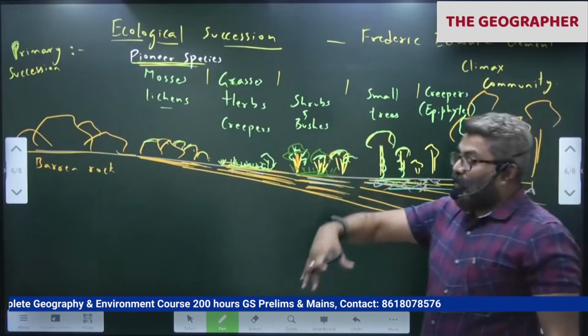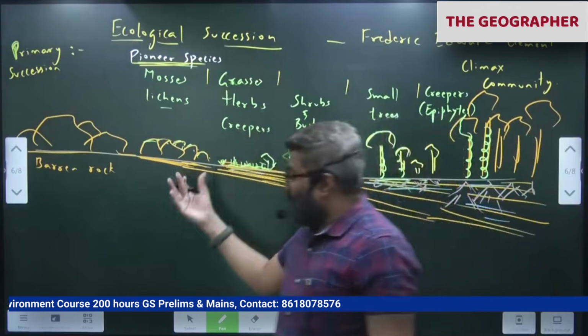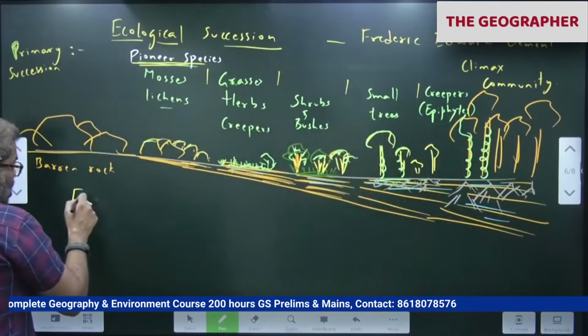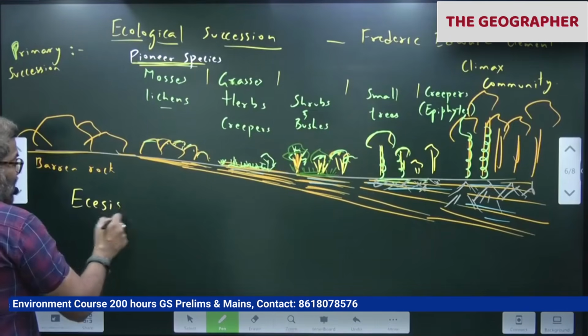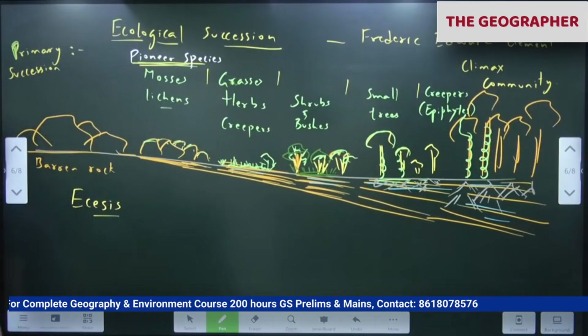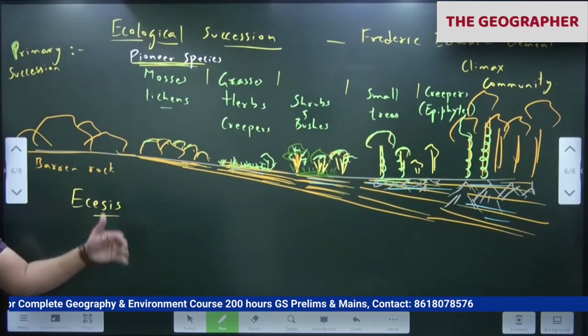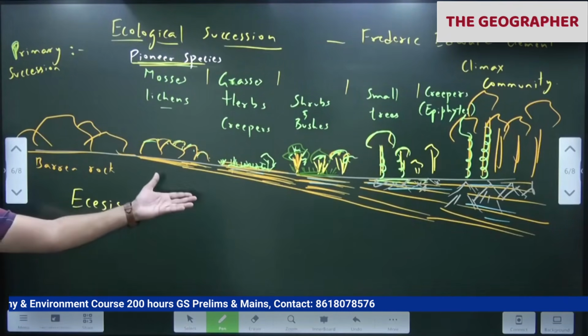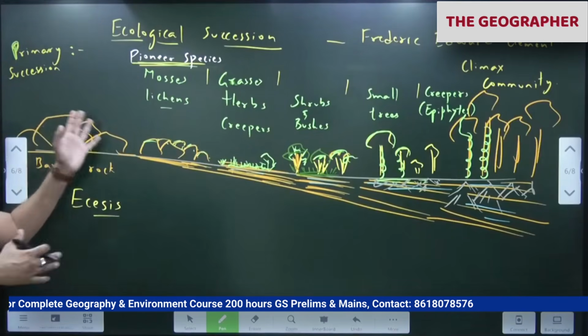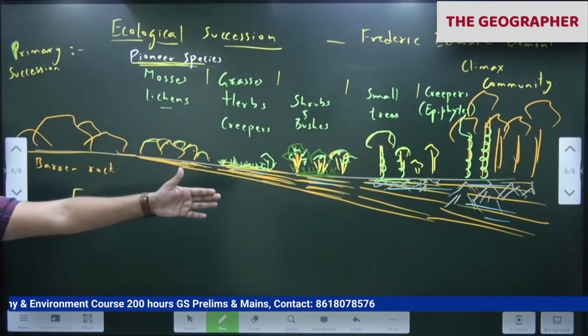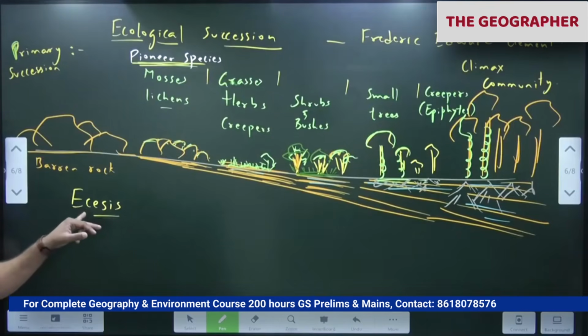Successful establishment of a plant community in a region is called ecesis. Ecesis is the successful establishment of a plant community in a particular area where there was nothing. Slowly the plant community got established over the years. Time is another big factor here.